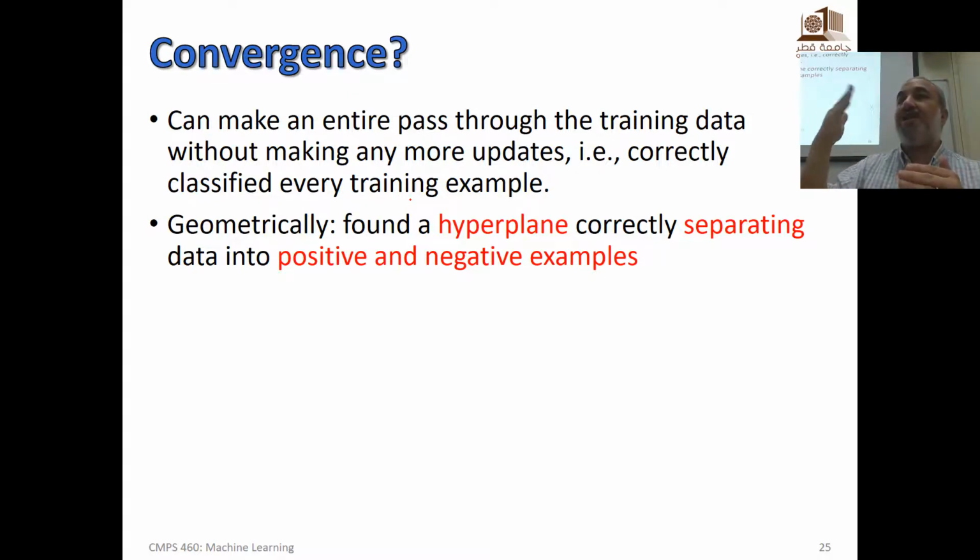We kept changing it over time until we find one that will correctly separate the two regions, which means that it is perfectly predicting the label for all the training examples. So that's the meaning of it geometrically. If we found a hyperplane that separates the positive and negative regions, that means that it will converge on that plane, right?